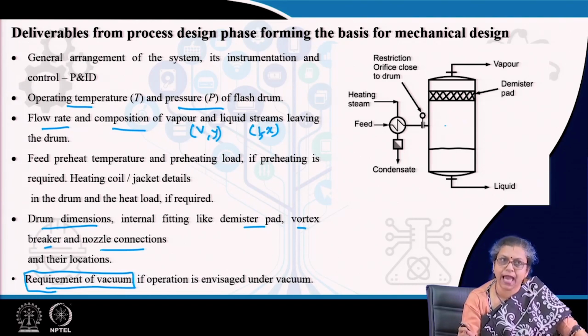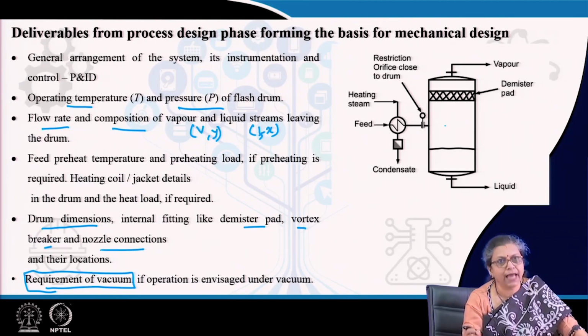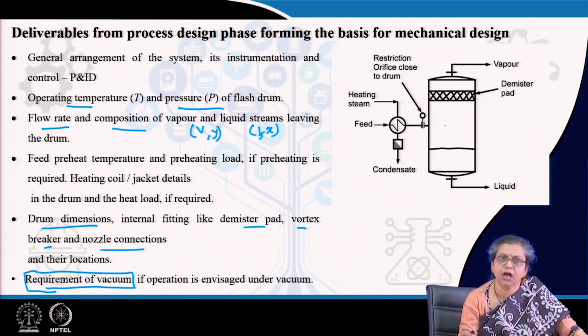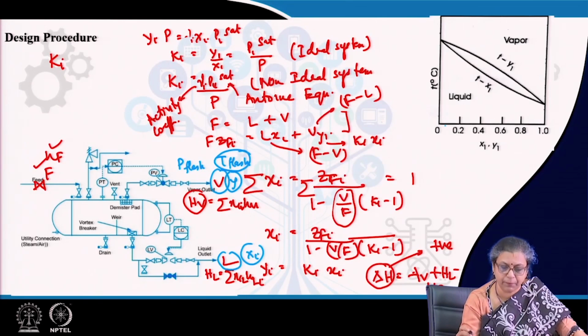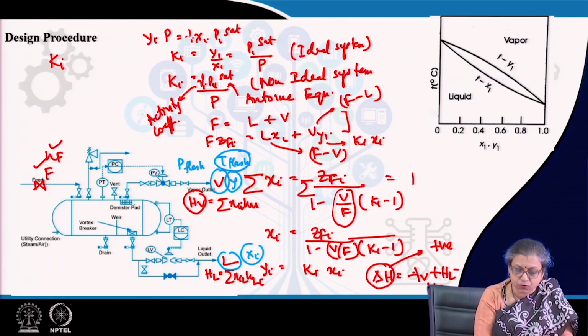So it can happen that where you need to recover a large amount of the lighter component as per your specifications, you might have to operate under vacuum. Under those conditions, you have to find out the vacuum requirements. But I will be discussing shortly what the optimum pressure and temperature should be and how we should select them.